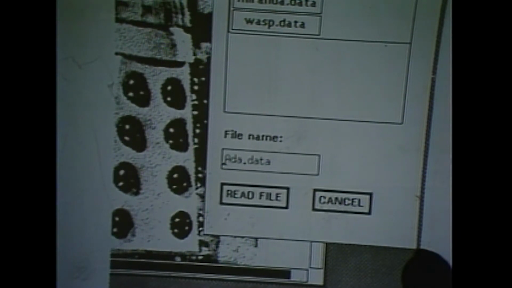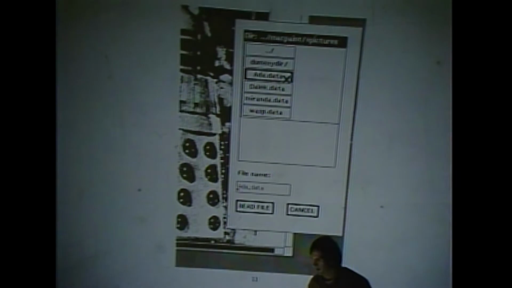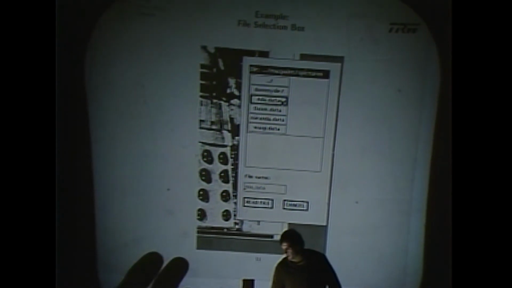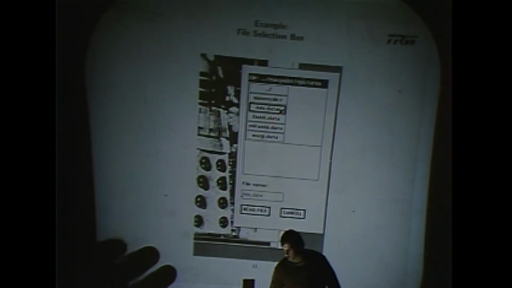Also, as we'll see later, there are hooks in there so that the application programmer can easily select just which file names get displayed, similarly to the way Macintosh applications select their choice of things to go up into a file selection window.